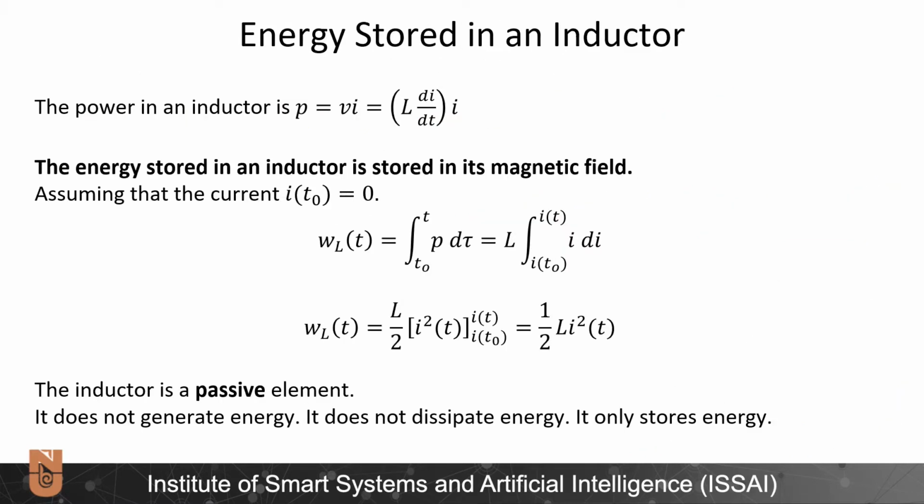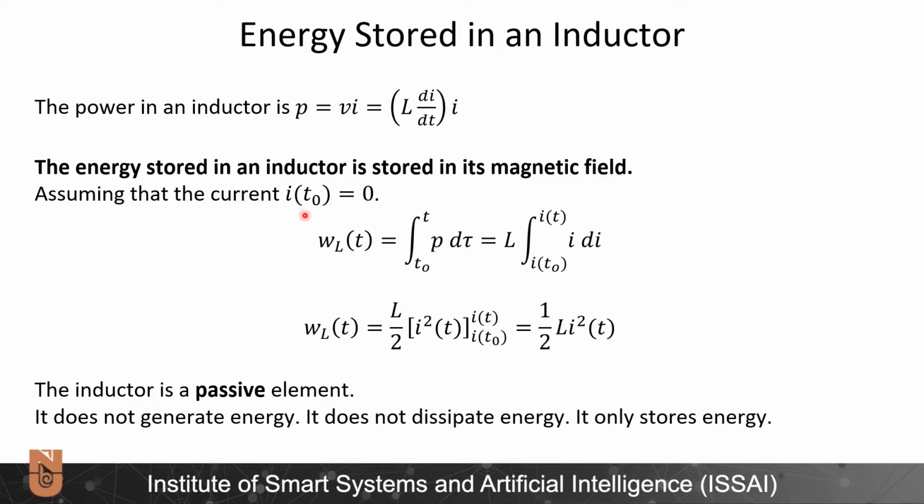Now let us figure out what is the energy stored in an inductor. The power is, as always, P is equal to V times I, voltage times current, and the voltage over an inductor is equal to L times di over dt. Therefore, the power over an inductor is L times di over dt times I. The energy stored in an inductor is stored in the magnetic field.